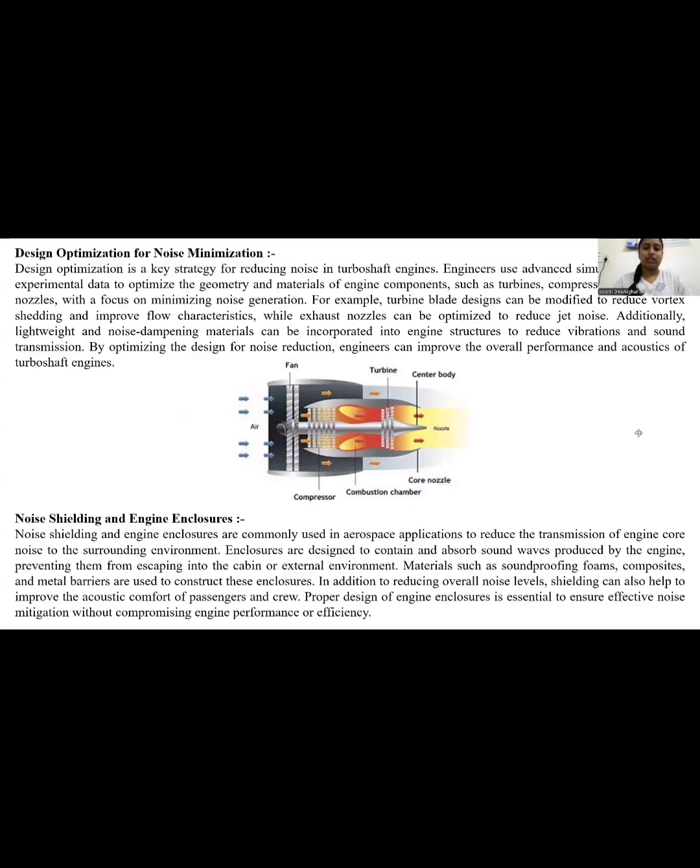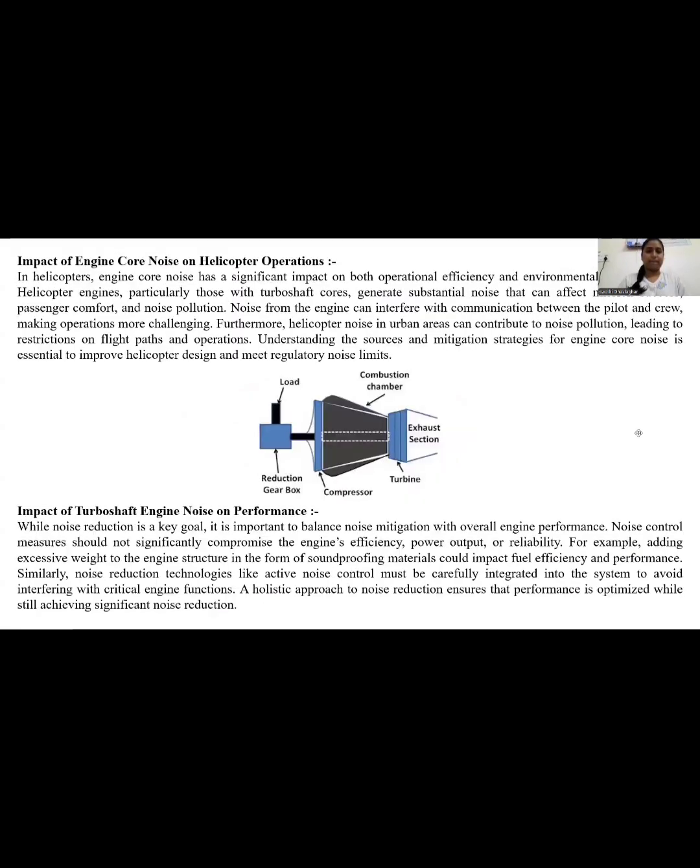Materials such as soundproofing foam, composites, and metal barriers are used to construct these enclosures. In addition to reducing overall noise level, shielding can also help to improve the comfort of passengers and crew. Proper design of engine enclosures is essential to ensure effective noise mitigation without compromising engine performance or efficiency.